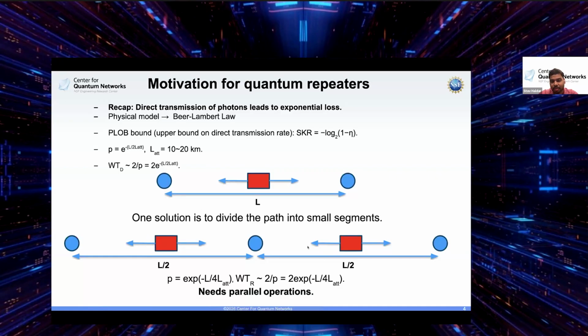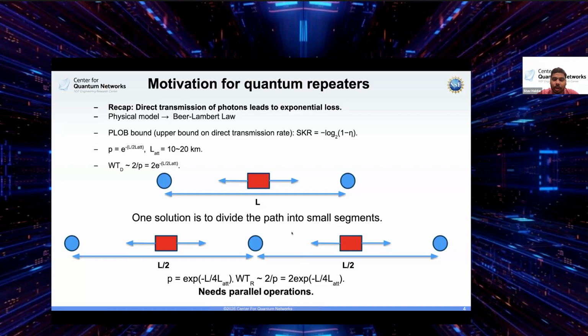If in principle you could do both of these link generations, as they are called, or essentially sharing an entangled link in the first part and another entangled link in the second part, simultaneously, in parallel, then to some extent your task is done. You still have to think a little bit more beyond that.